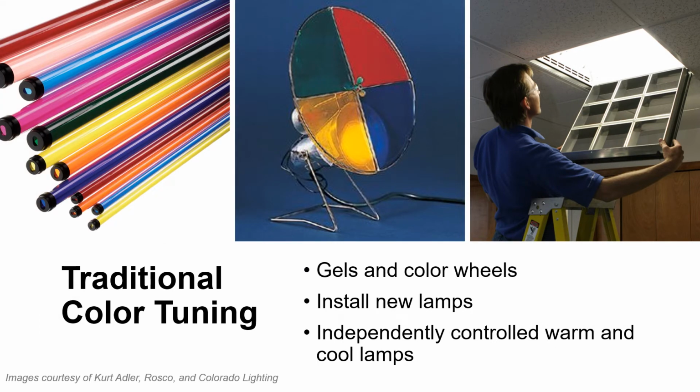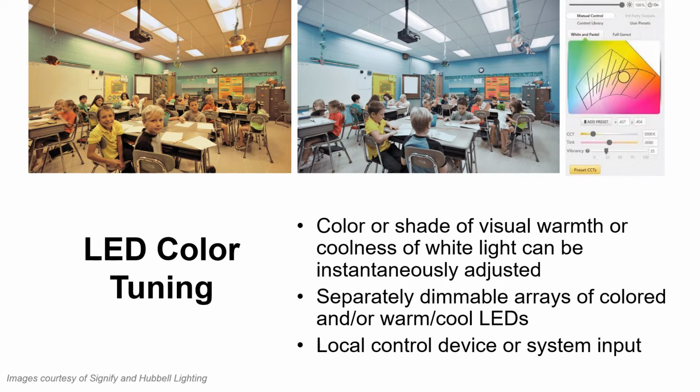With traditional lighting, color was relatively fixed after installation. If you wanted to change the color or shade of white light, you basically had three choices. You could add a color wheel or gel, change the lamp, or install independently controlled warm and cool lamps. This limited color tuning to specialized applications. In contrast, LEDs are compact and inherently controllable, enabling economical color tuning in a compact luminaire, including adjusting the shade of white light, what we call tunable white lighting.